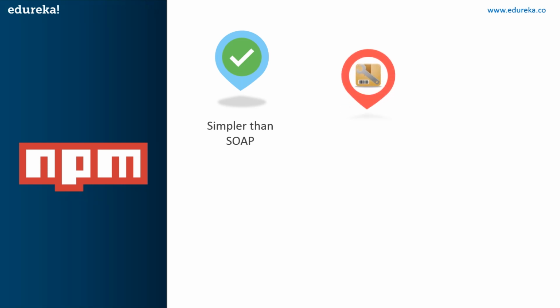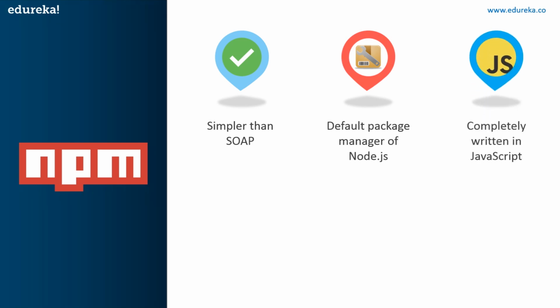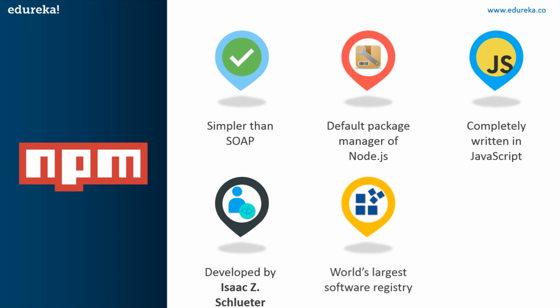So now we will see what are the basic advantages which NPM provides. First and foremost, it is simpler than SOAP. It's the default package manager for Node.js. It is completely open source and entirely written in JavaScript. It was developed by Isaac Schlueter, and it was initially released in January 2010. You can say that NPM has now become the world's largest software registry because it manages all the packages and modules for Node.js, and it also consists of a command line client, NPM.